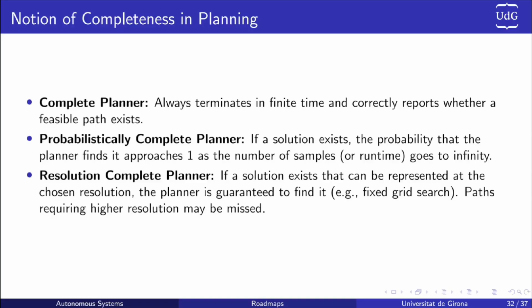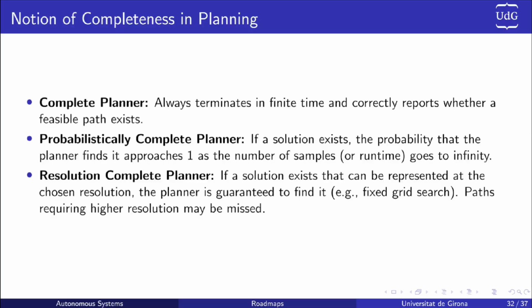Although the more samples that you add, the closer you are to getting the real solution, whether it's complete or not, until you add an infinite number of samples, you don't know that. This is not true for all the probabilistic roadmap algorithms. It's not true for all of them, but it's true for some of them, okay? We will see the difference when we do the other lesson about sampling algorithms in more detail.